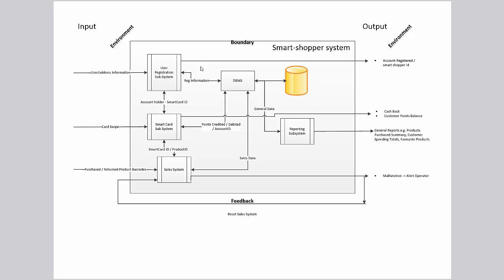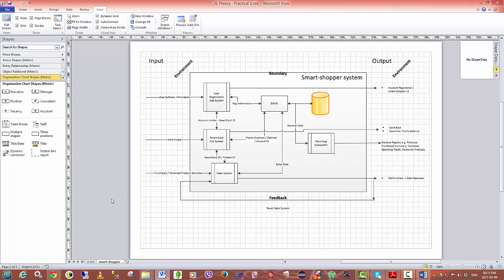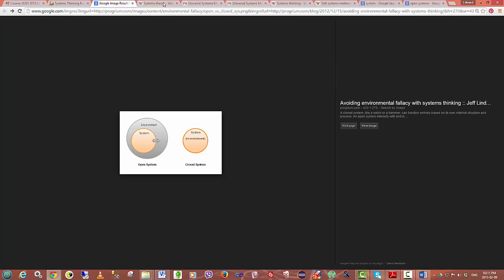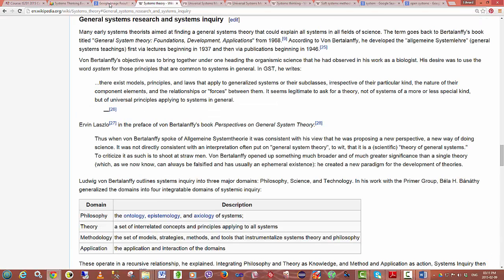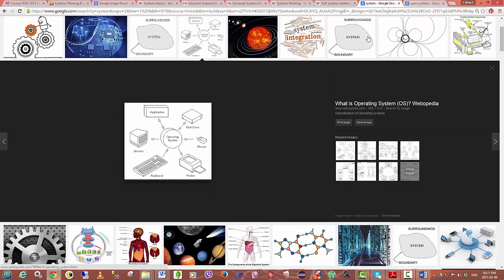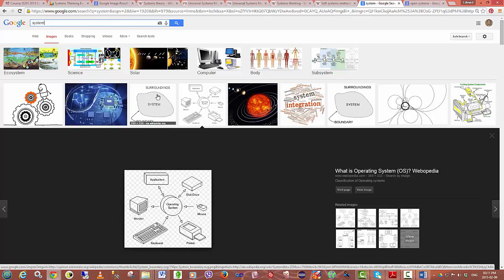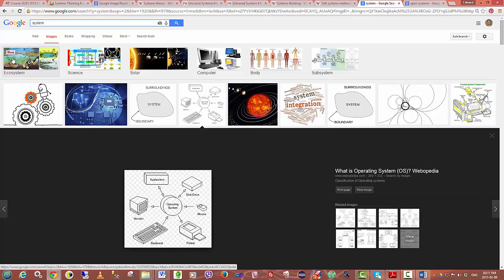Once again, the diagramming technique that we have chosen here is our own, and it's quite easy to see. If you browse for systems, you can see that just putting in the word system will return many different conceptualizations of a system. On Google, with the keyword system, you can see that systems theory is applied to many branches of science, in fact to almost all of them, as well as to social sciences.